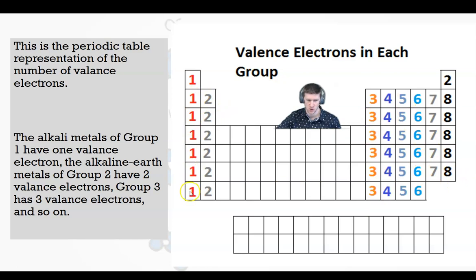So everything here has 1 in its outer shell. All of these are likely to give up electrons, because they've only got 1 in their outer shells. It's a lot easier for them just to get rid of them. Same with these, 2 electrons in their outer shell, likely to get rid of. Once we get up here, these are going to start to take electrons because we're 1 off being full, 2 off being full, and in this case, your noble gases are full.